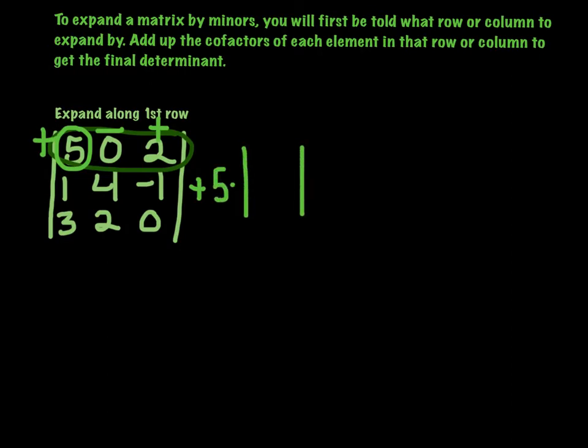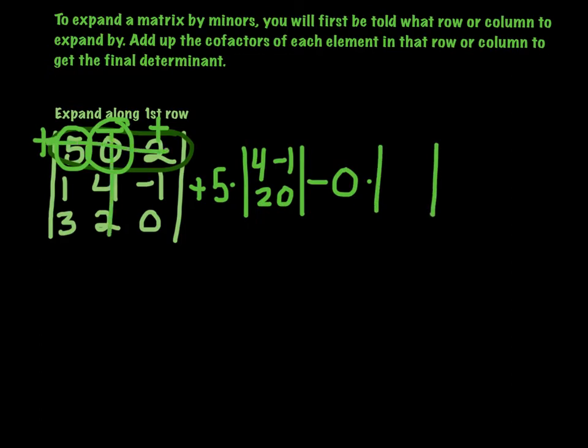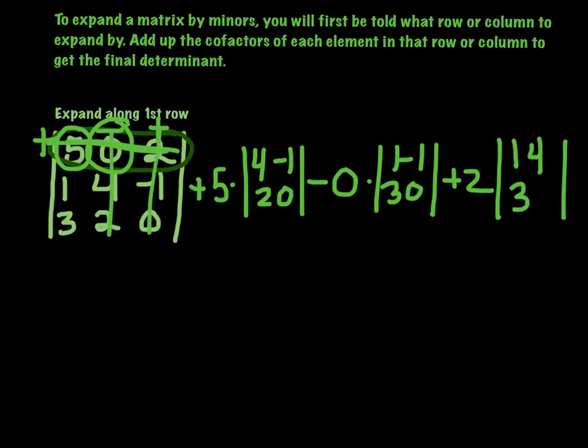When I cross out 5's row and column, I have 4, negative 1, 2, 0. Then I'm going to take the second term, minus, and then 0 times that one's minor. If I cross out that row and column, I have 1, negative 1, 3, 0. And then I have plus 2 times 2's minor, which when I cross out that row and column is 1, 4, 3, 2.